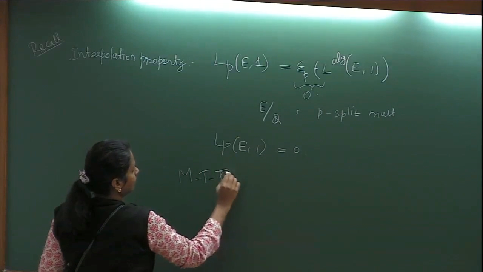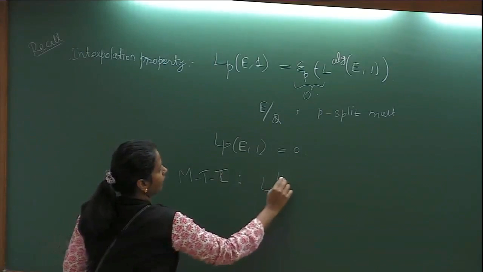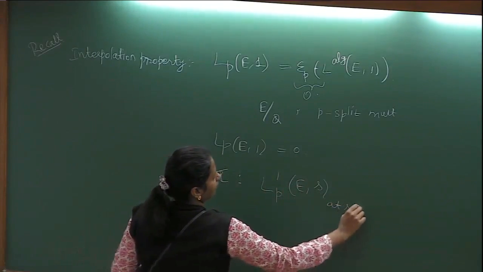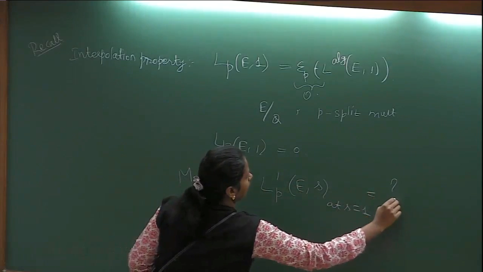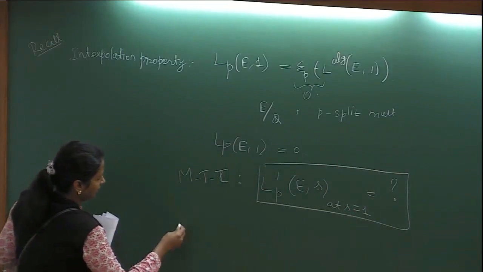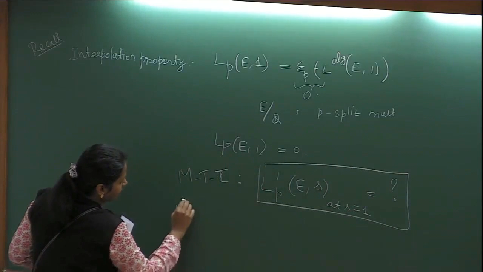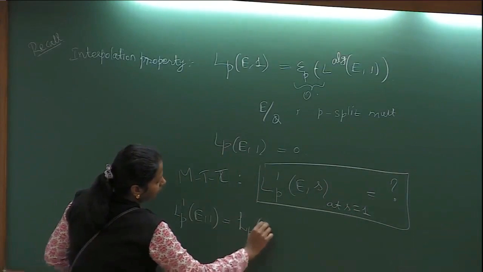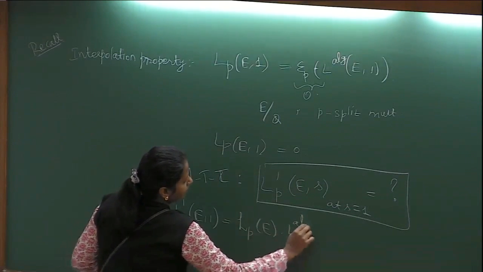Mazur-Tate-Teitelbaum. What can you say about the first derivative? An exceptional zero conjecture says the first derivative is nothing but the L-invariant times the algebraic factor.